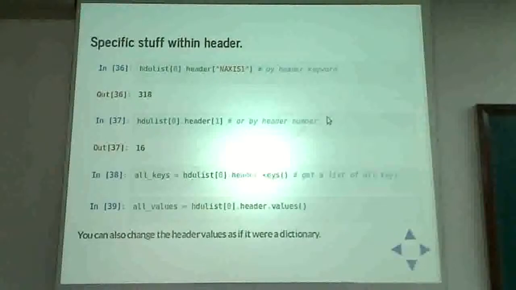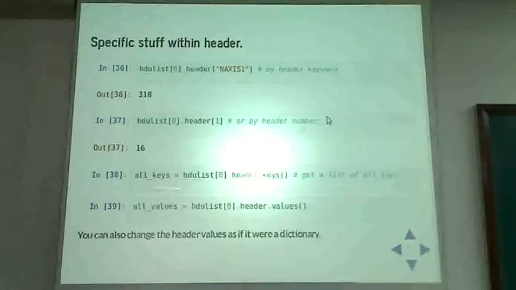I said it's almost a dictionary because unlike dictionaries it also supports this syntax. So if you give it numbers, it will give you the first, this will give you the second entry in the header, the key value pair. So only the value, sorry. But again, it has features like a dictionary. So if I say header.keys, I can get a list of all the keys that are there in the header.